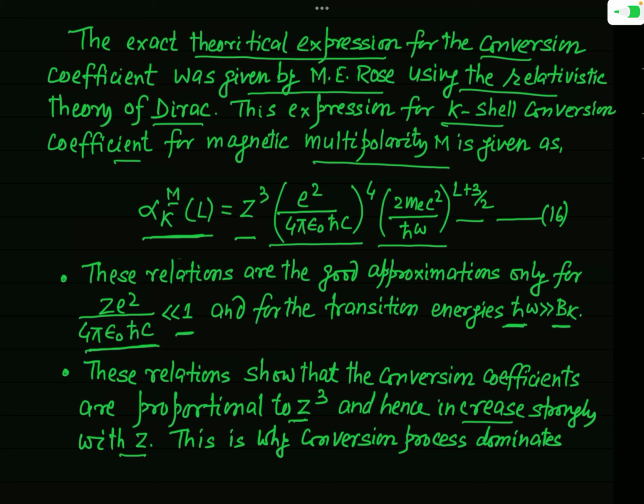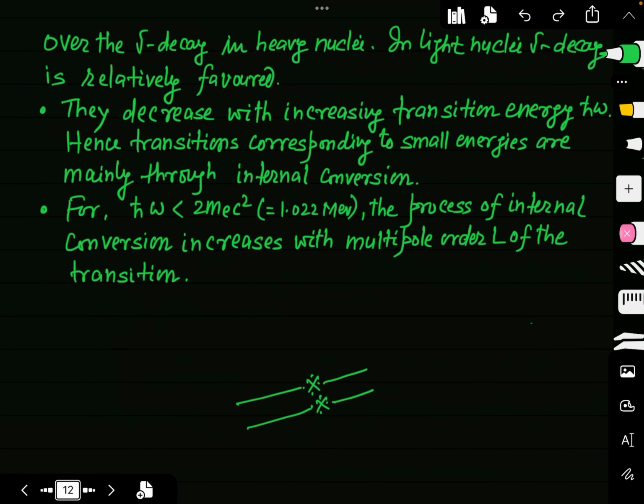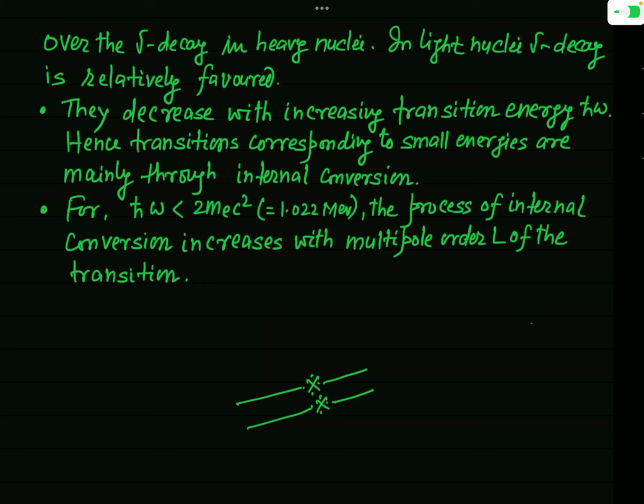Okay, and this is the reason that the internal conversion process dominates over gamma decay when the value of Z is large, that is, the nucleus is heavier. So in case of a heavier nucleus, the process of internal conversion dominates over gamma decay. But if the nucleus is not heavy, Z is small, then gamma decay dominates over internal conversion.